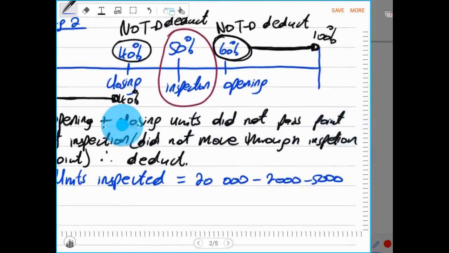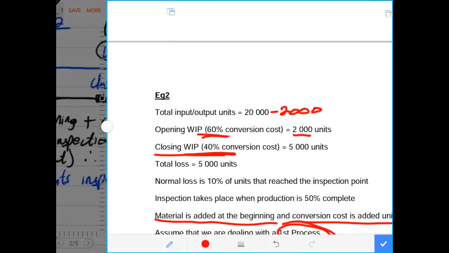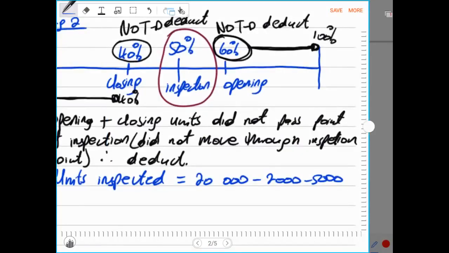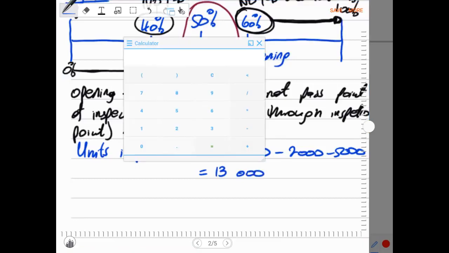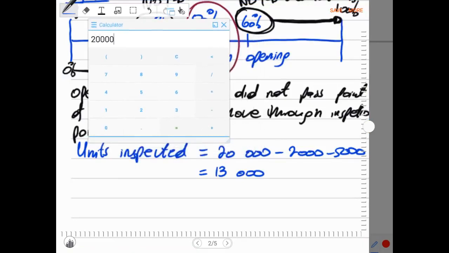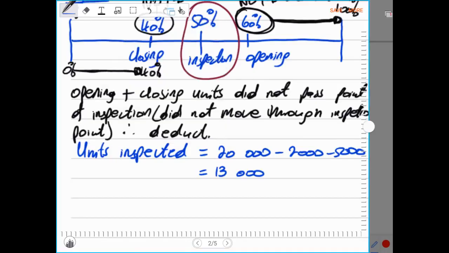Where is the 2,000 coming from? 2,000 is the opening units. 5,000 is the closing. Both of them in example 2 did not pass the point of inspection. So units to be inspected will be a total of only 13,000 units, which is 20,000 minus 2,000 minus 5,000. That gives us 13,000 units that pass the point of inspection.